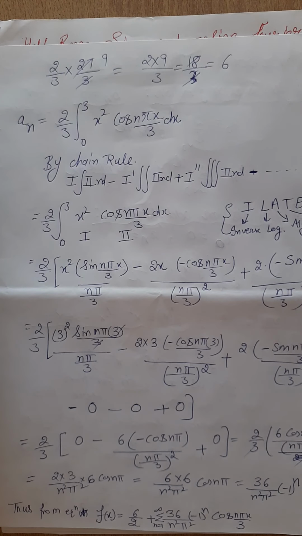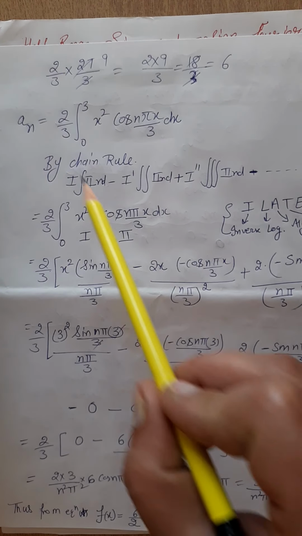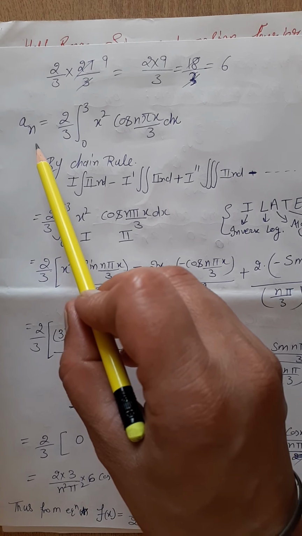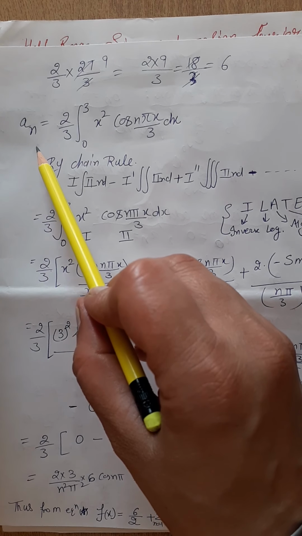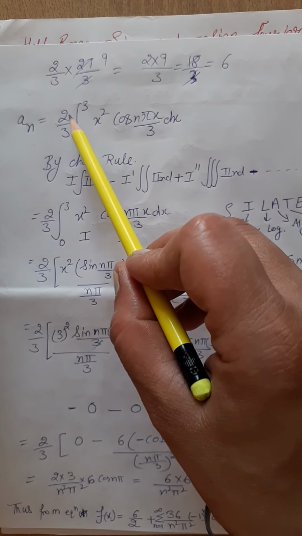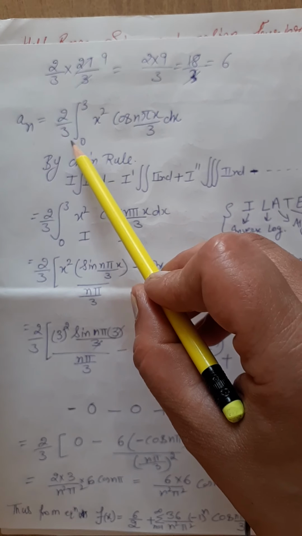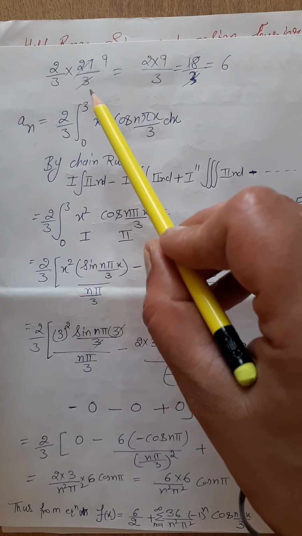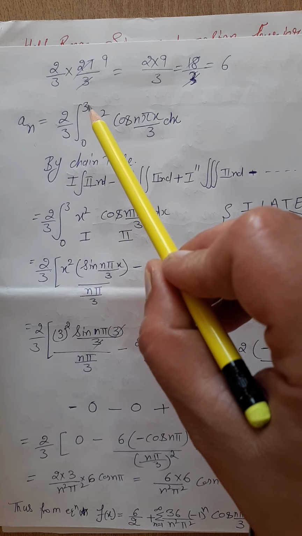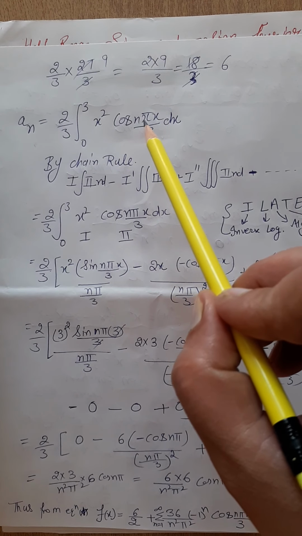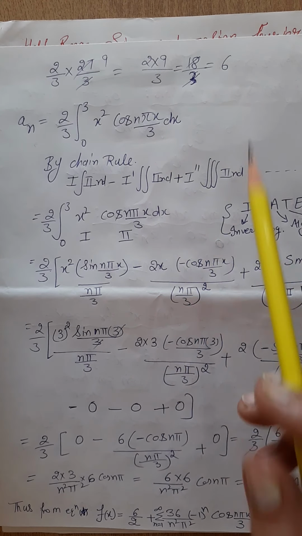6. Now, we move on to our next Fourier coefficient, that is An. So, we write here again by formula 2 by L. Here L is 3. Taking the integration 0 to 3 of x square cos(n pi x over L).